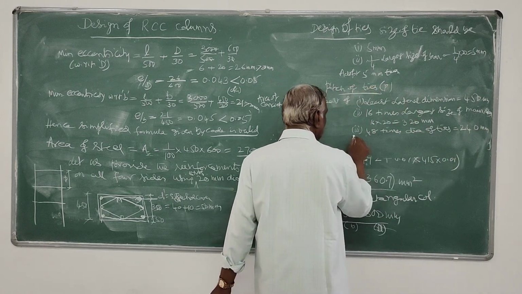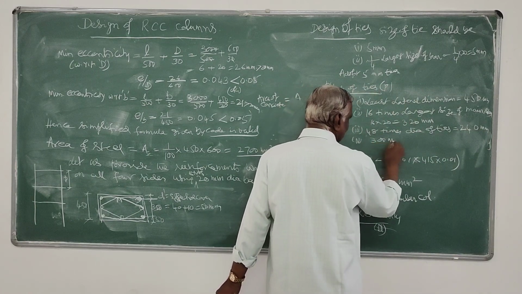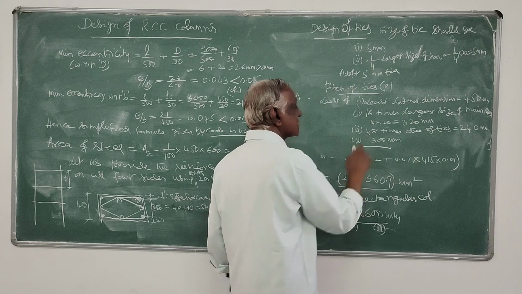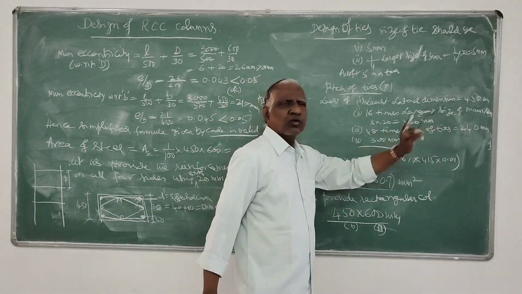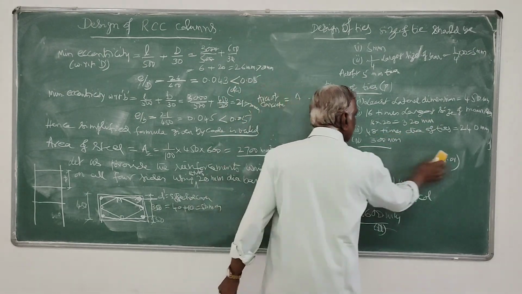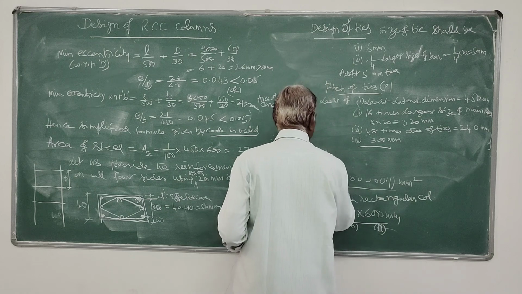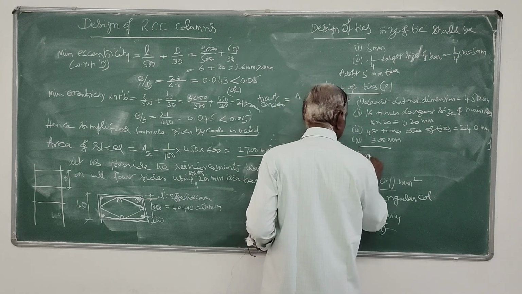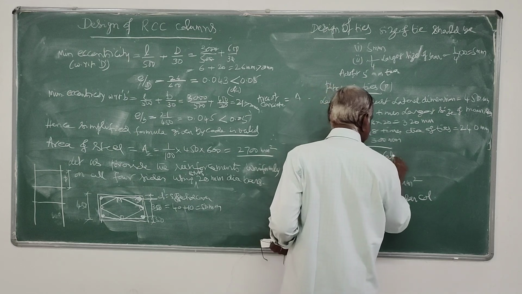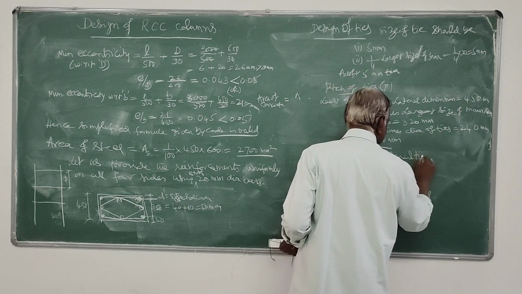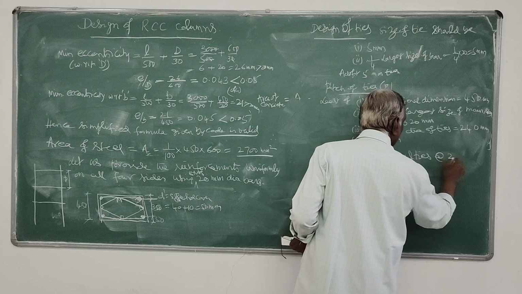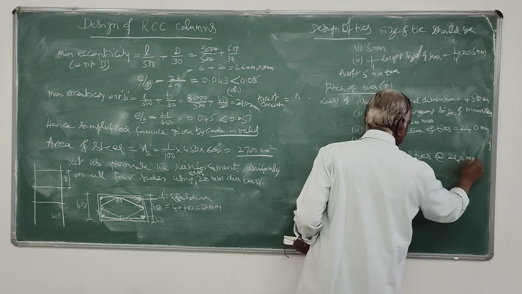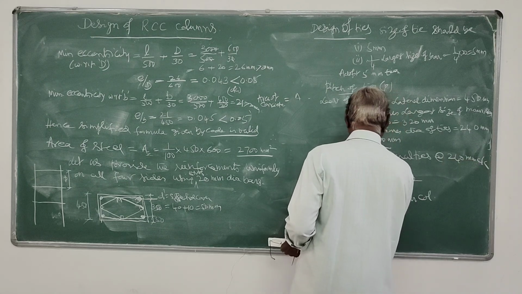Then fourth one 300 mm. So out of this, least is 240. You have to adopt pitch as 240. Adopt 5 mm lateral ties at 240 mm center to center.